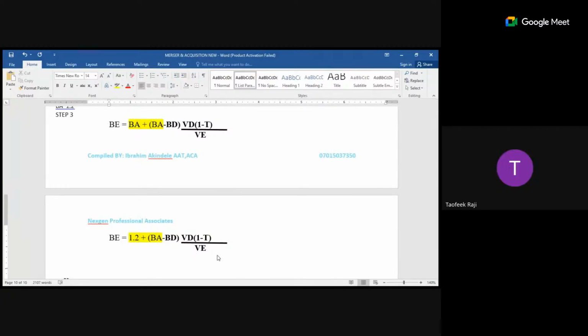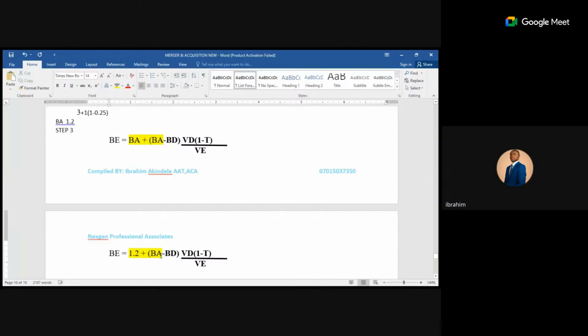Maybe we should check. It's 1.5? Ali, asset beta is 1.2. Please check. It's 1.2. So this will be 0. The beta debt is not given. This will be 0, right?